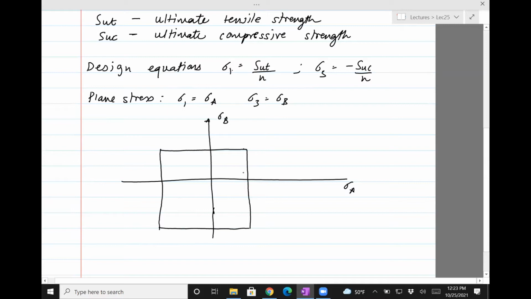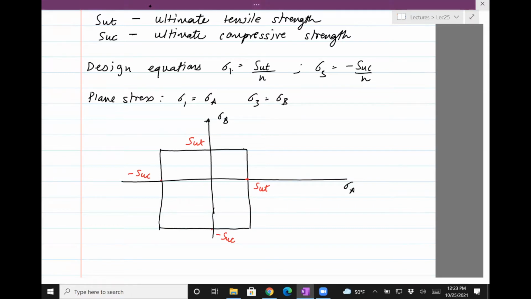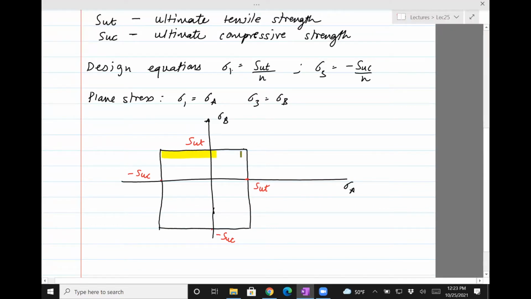The coordinates are SUT and minus SUC, minus SUC, and clearly the failure region is anything outside this yellow region.